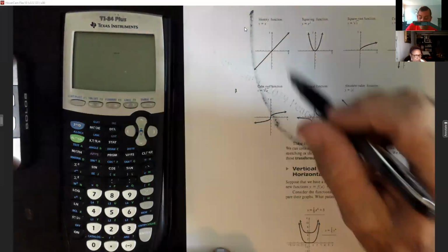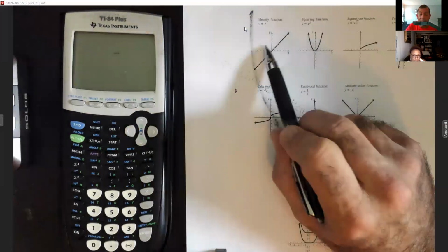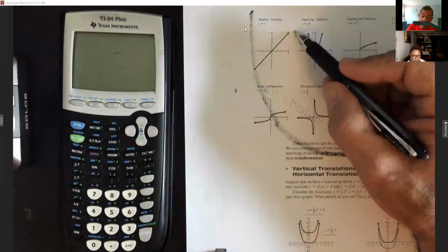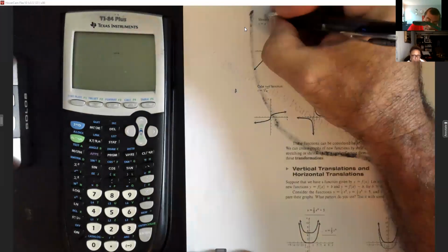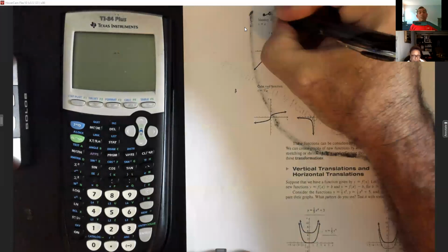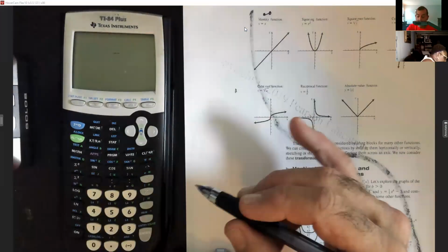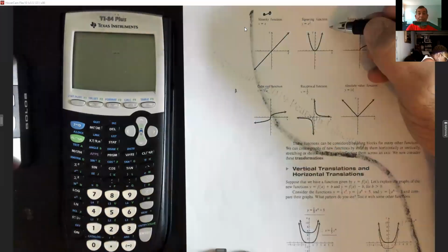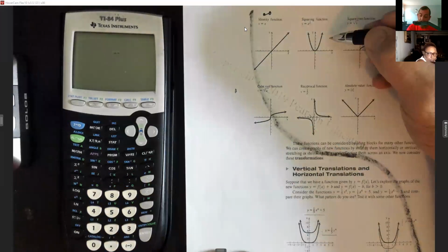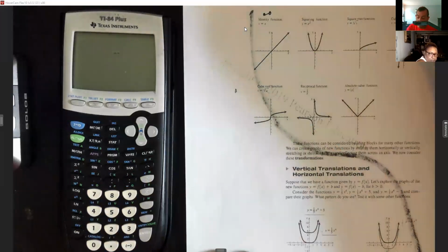So the first basic graph is y equals x, which is a straight line. In MATLAB, you would have to use the line tool, plot 2 points, and draw the line. Next, you got the y equals x squared basic graph of a parabola. MATLAB, we know to use the parabola tool.